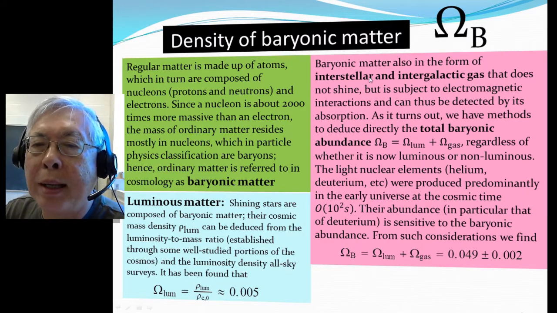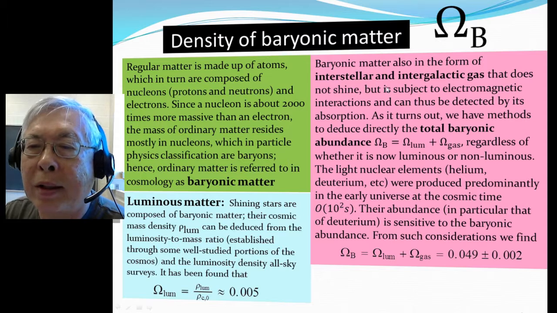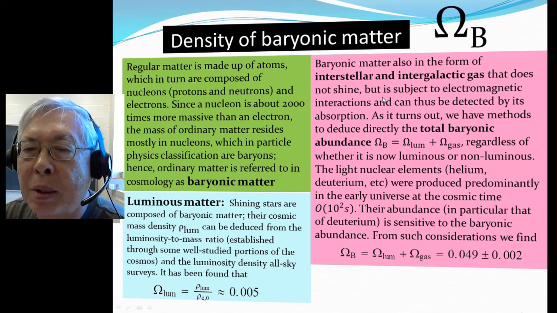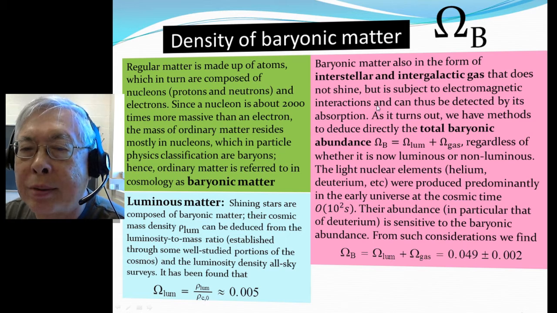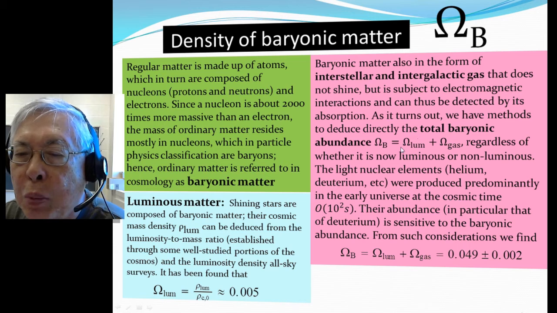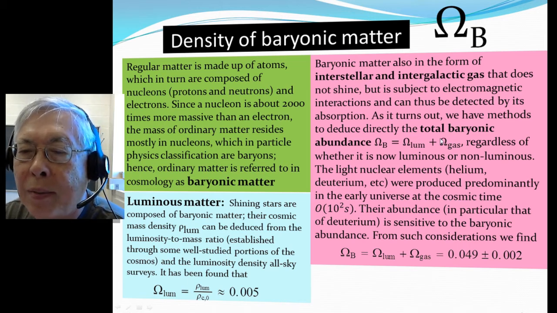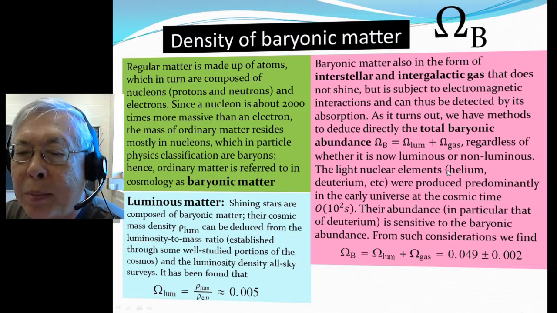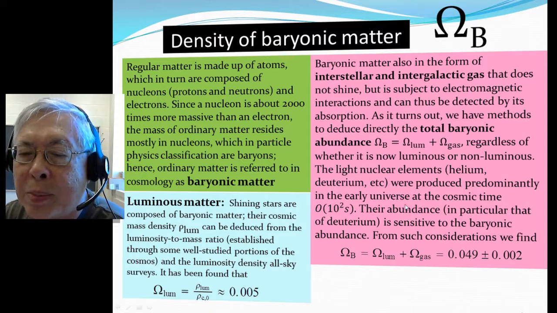Of course, baryonic matter also comes in the form of interstellar and intergalactic gas that does not shine, but is subject to electromagnetic interactions and can thus be detected with absorption. It turns out we have a method to directly measure the total baryonic matter, not only the luminous but also the gas density, regardless of whether it's luminous or non-luminous. The light nuclear elements, helium and deuterium, are produced predominantly in the early universe at a cosmic time about 100 seconds after the Big Bang.